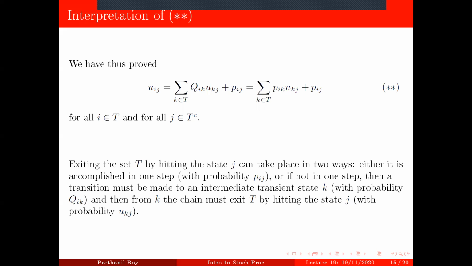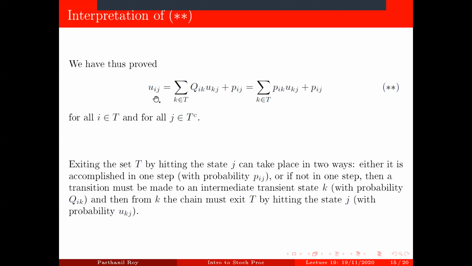That was part of our first step analysis. This happens with probability Q_ik or P_ik, whatever you want to write. P_ik and Q_ik are the same if k is in T. And then from k, the chain must exit T by hitting the state j. That has probability U_kj. So that gives you this sum by Markov property, of course.